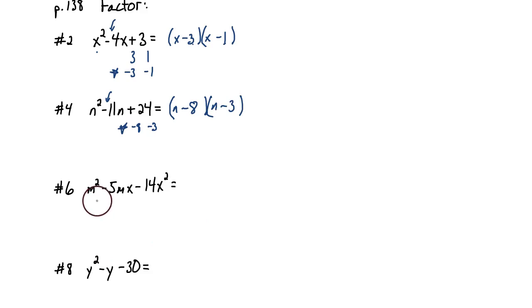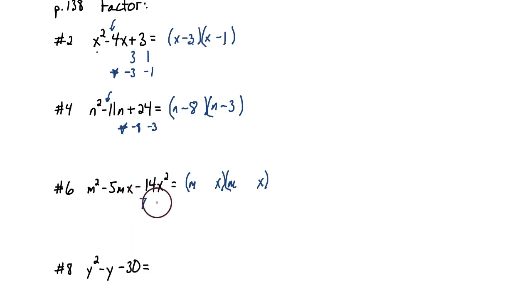Number 6, this is not a perfect square trinomial, but we can factor it using FOIL. M times m is the m squared. And now we need two numbers that multiply to negative 14x squared. Both of them will have an x in them. Now let's think about how we can multiply to negative 14.